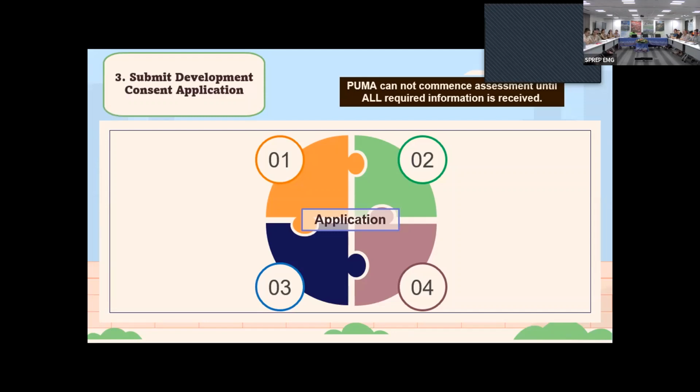So the actual application process itself comprises 4 key steps that make up the entire puzzle. Now, step 1 is the developer has to come fill out and sign the form. Here, the key word is that the developer has to be the person who is either the project manager for the development or directly doing the development.